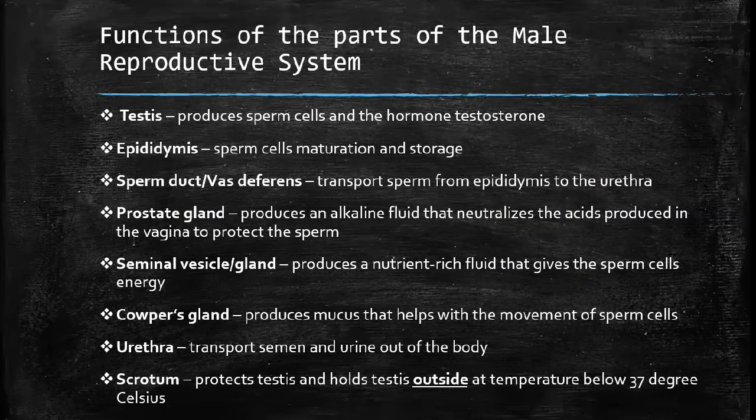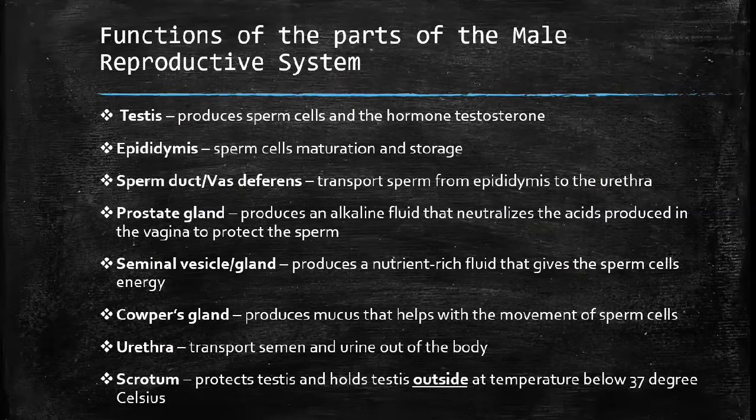Now, looking at the scrotum, it protects the testes and it holds the testes outside at a temperature below 37 degrees Celsius. To be specific, that particular temperature is supposed to be 35 degrees Celsius. You know, sperm production does not require a temperature of 37 degrees Celsius, the normal body temperature. It needs a temperature that is at least 2 degrees Celsius below the normal body temperature.